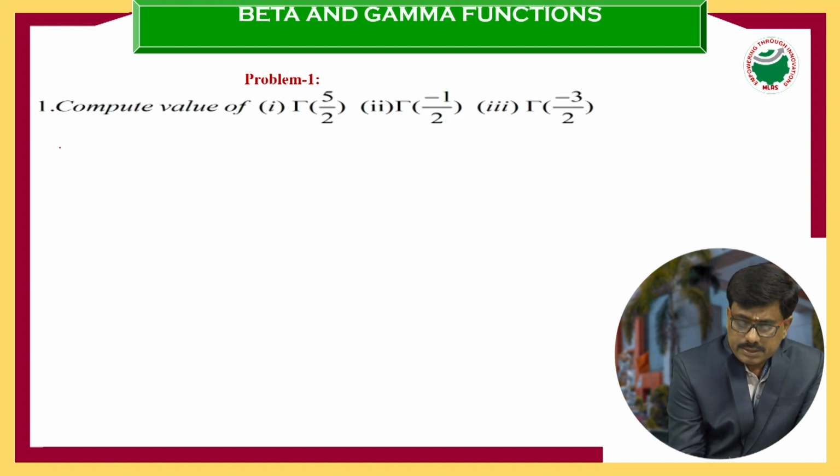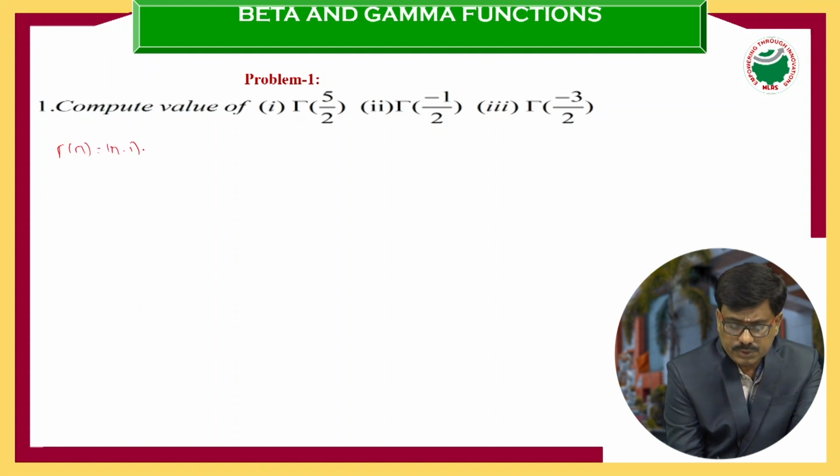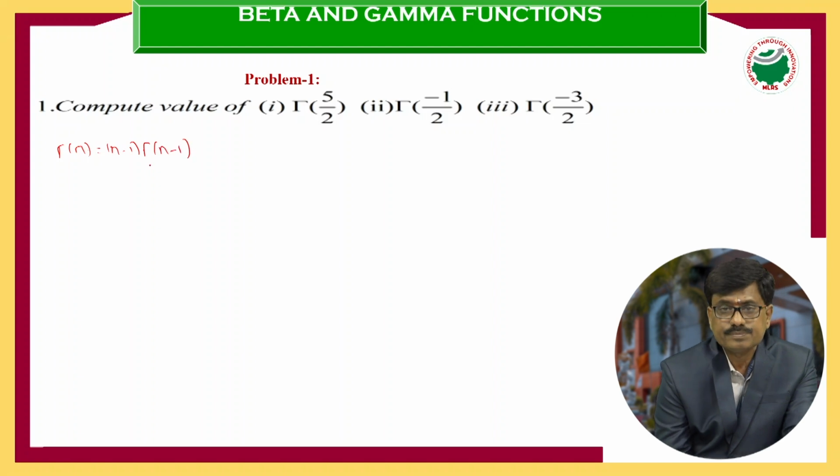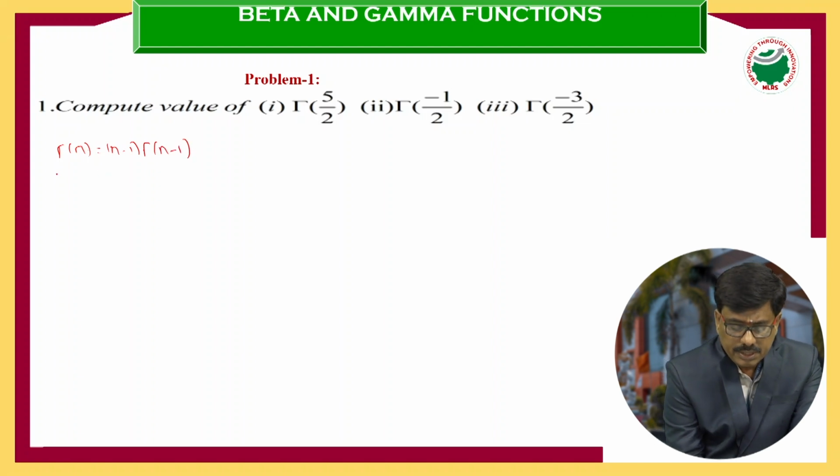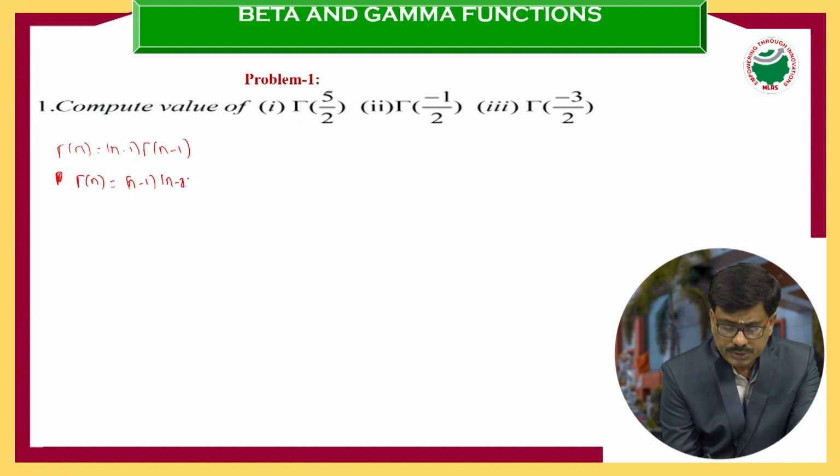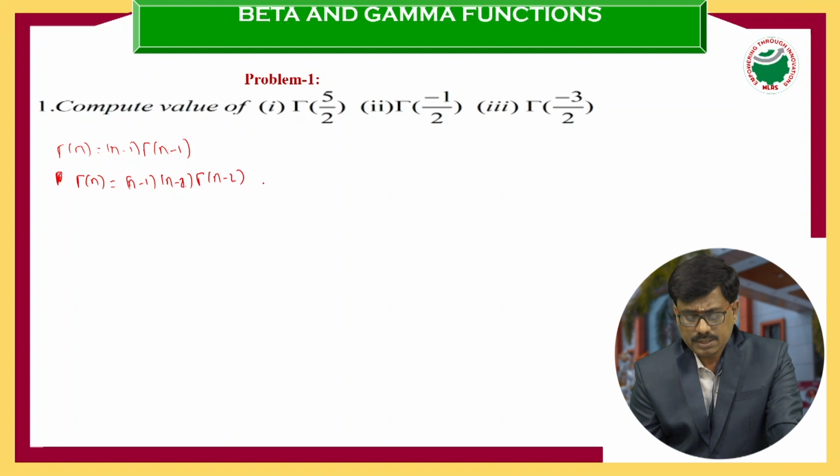Can I write it like this? Gamma of n can be written as n minus 1 into gamma of n minus 1. Further, this can be extended: gamma of n equals n minus 1 into n minus 2 into gamma of n minus 2.